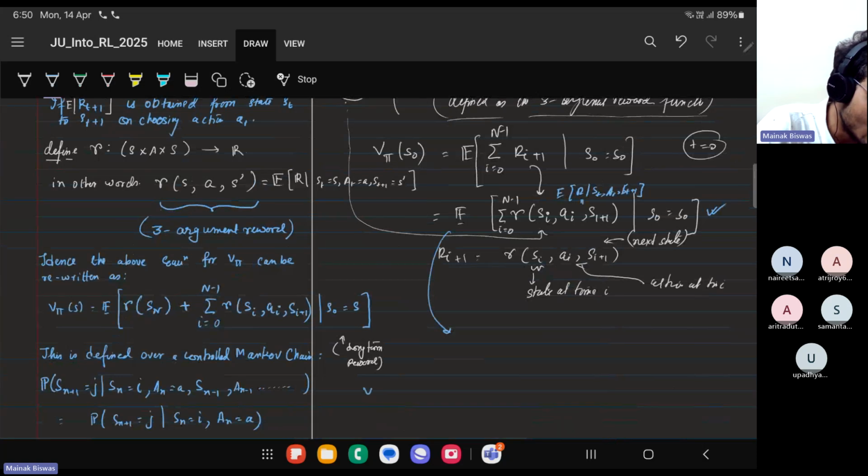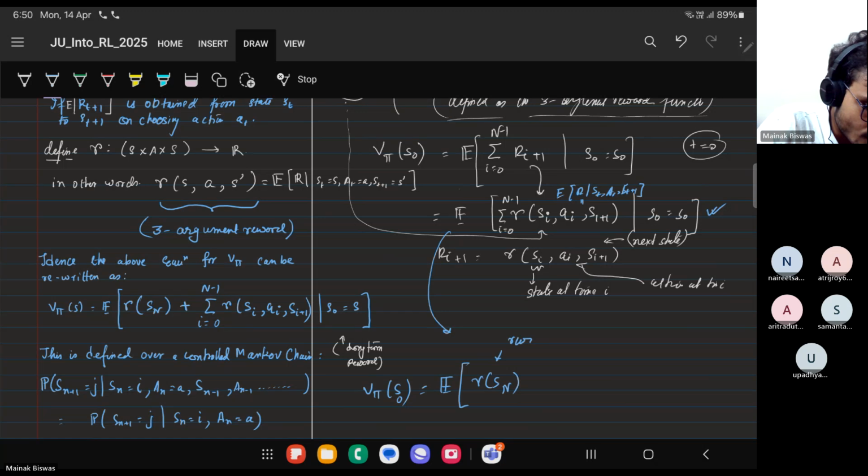So v pi of s is defined as the reward at the terminal state, plus summation of i equal to 0 to n minus 1.